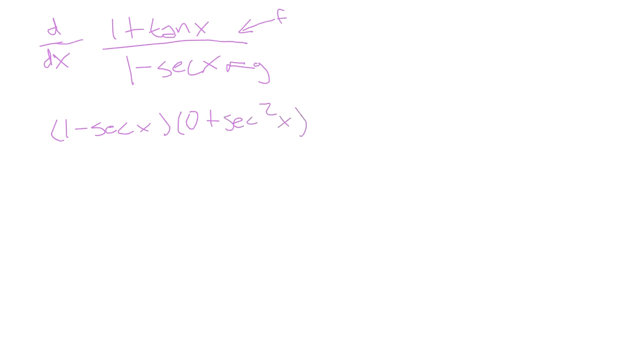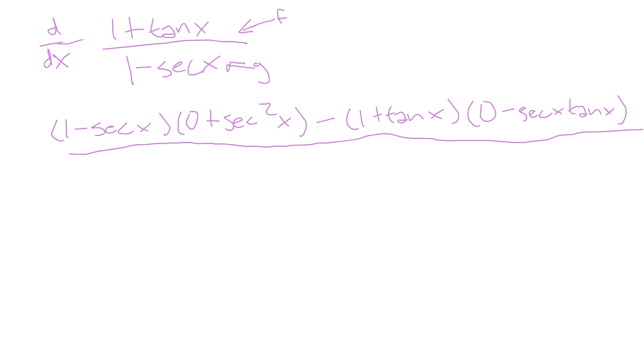Minus our numerator, which is 1 plus tangent of x, times the derivative of 1 minus secant x, which is 0 minus secant of x tangent of x, all over 1 minus secant of x squared.